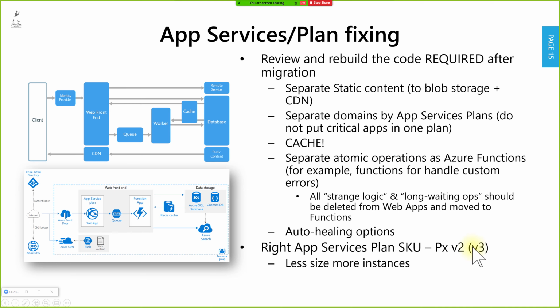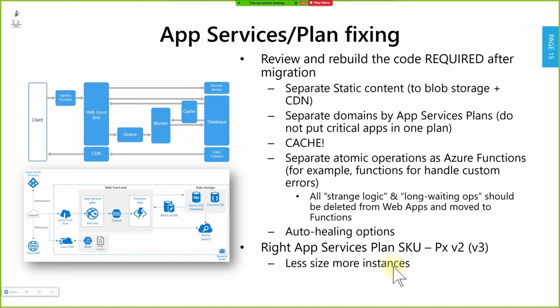V2 or right now V3, plus you get more features inside Premium. We will talk about this, and it's really important to understand the smaller size. For example, we are using P1 V2 because V3 is not available right now in UAE North or UAE Central. We're using P1, but from 4 to 12 instances.